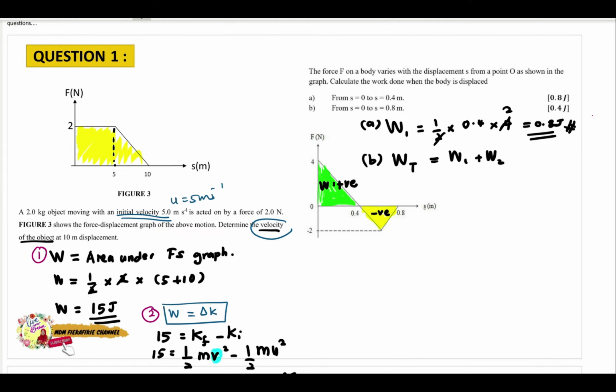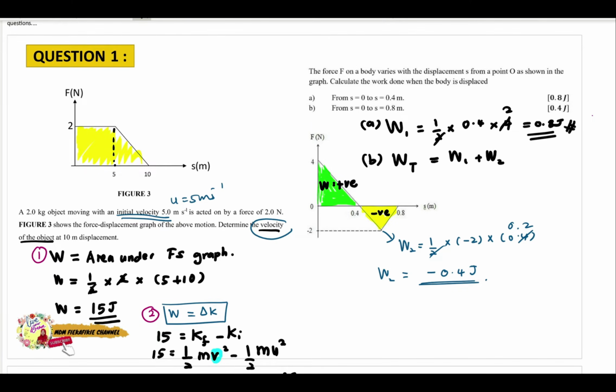Okay, so we have calculated just now, W1 is equal to 0.8 joule, but for W2, okay, it is actually half times negative 2 times 0.8 minus 0.4, and it is 0.4. Okay, 0.2. Okay, and then W2 should be equal to negative. Is it negative? Yes, negative 0.4 joule.